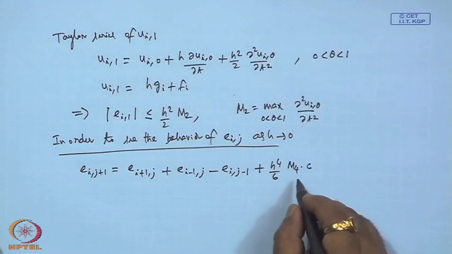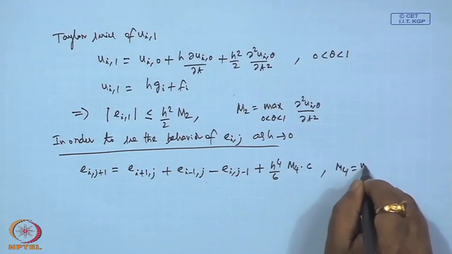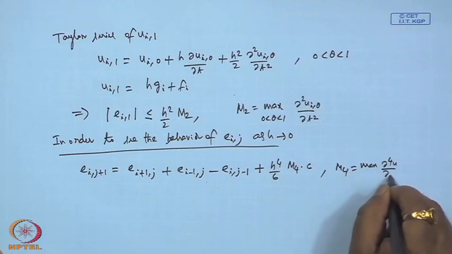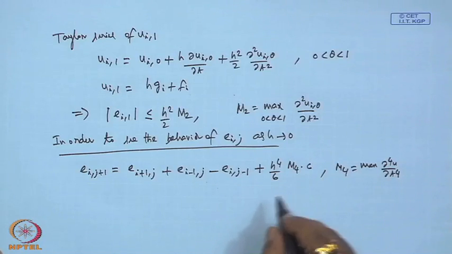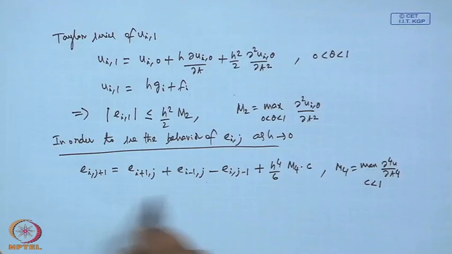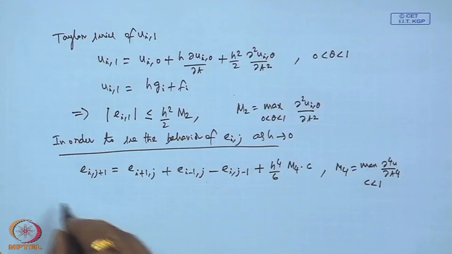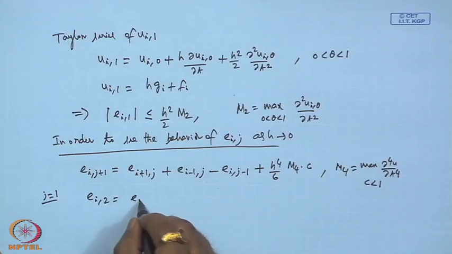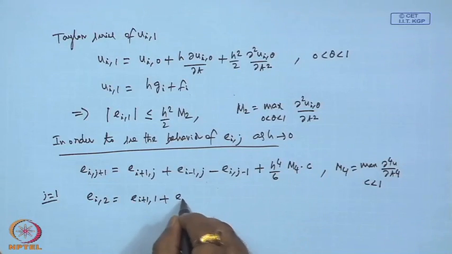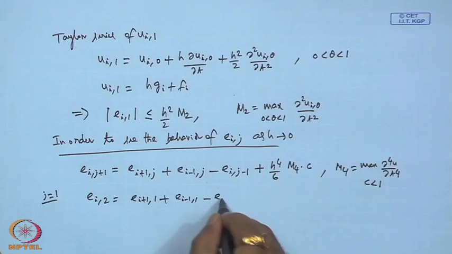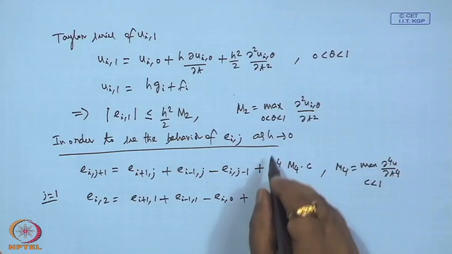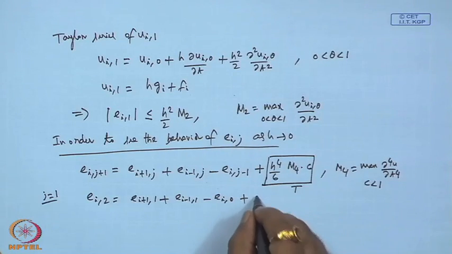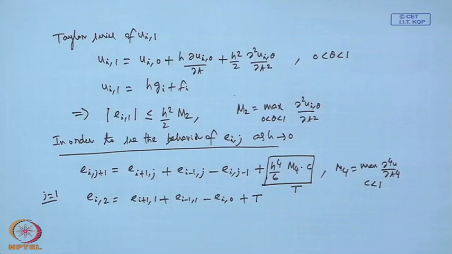So, where M 4 is the max of the fourth derivative, okay, and C is a constant less than 1, right. So, when j is 1, E I 2 is given by these terms plus some term, okay.